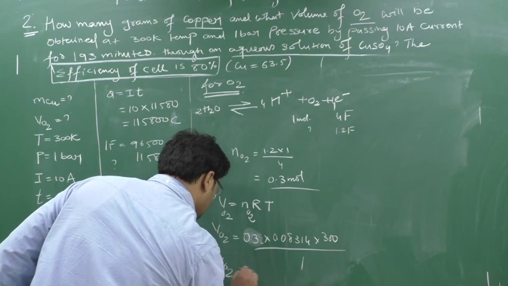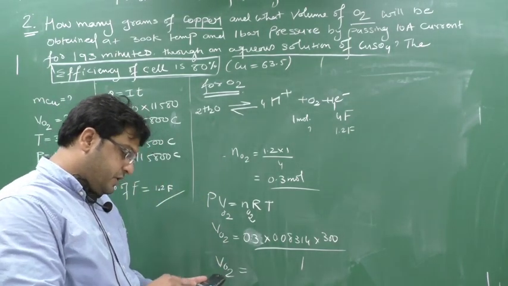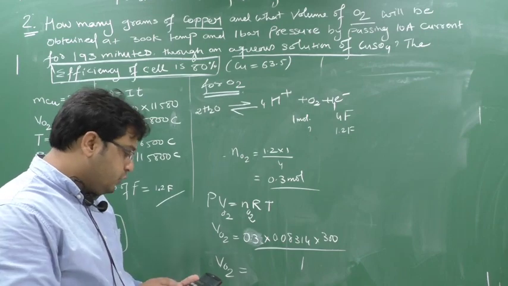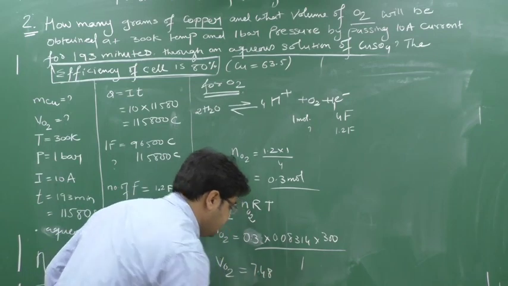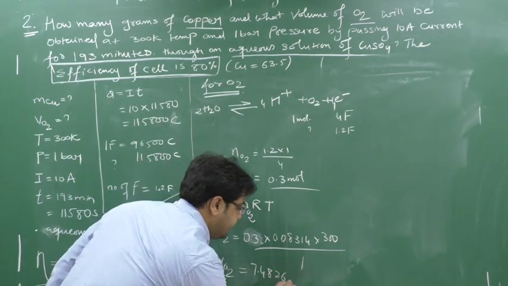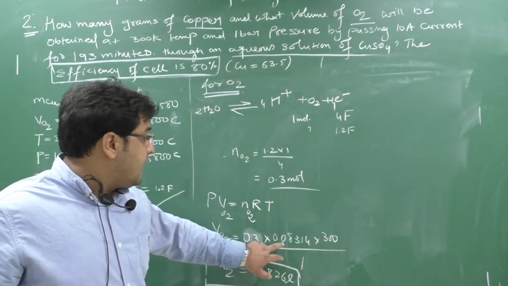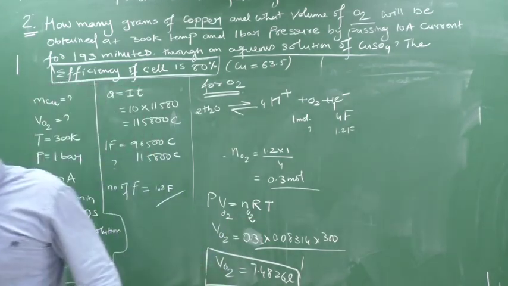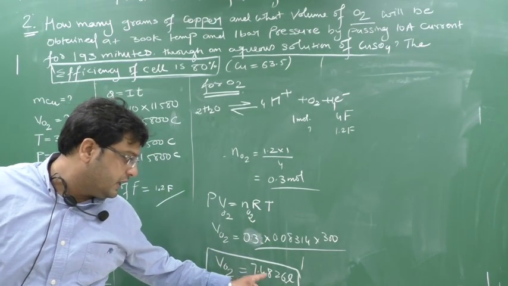When you calculate the volume of O2, it is 0.3 into 0.08314 into 300. You will get 7.4826 liters. Why liters? Because we have taken the R value in terms of liter bar per mole per Kelvin. Clear? So you got the volume of O2 as 7.4826 liter.